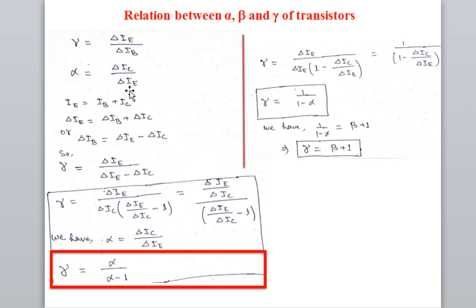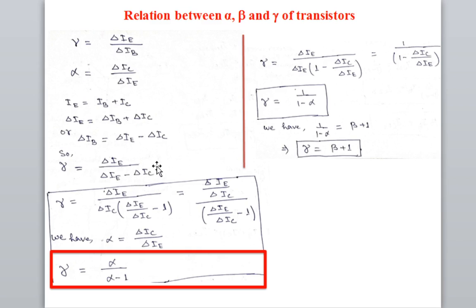And we know IE is IB plus IC, so delta IE is equal to delta IB plus delta IC. If I am starting with gamma, delta IE upon delta IB, we have to find the value of delta IB. So delta IB is equal to delta IE minus delta IC, and gamma is equal to delta IE upon delta IE minus delta IC.